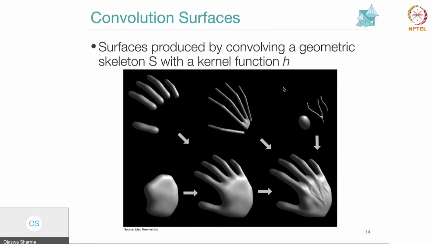Usually kernel functions, in this particular case, would allow you to glue all of these things together without leaving the creases, right? But the convolution is having the standard sense of convolution.